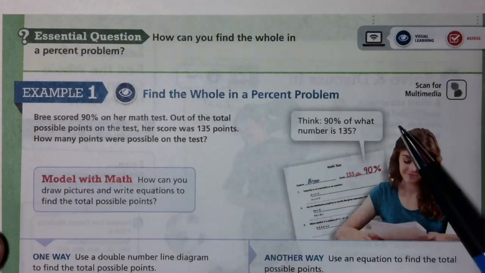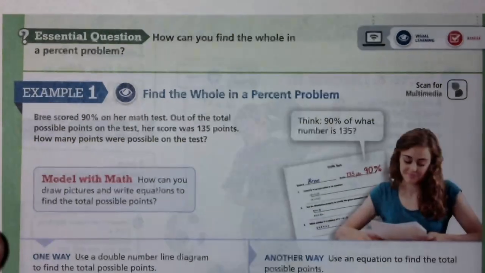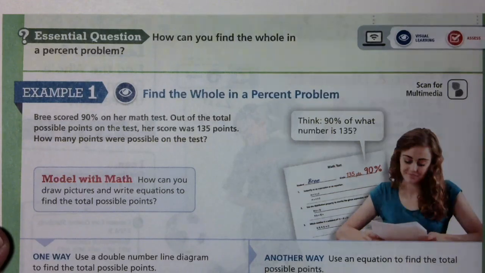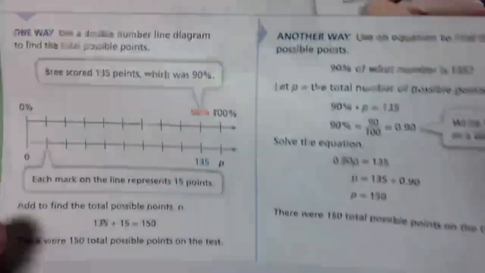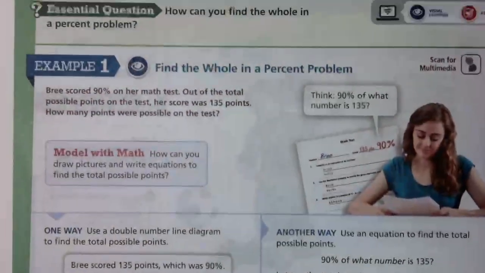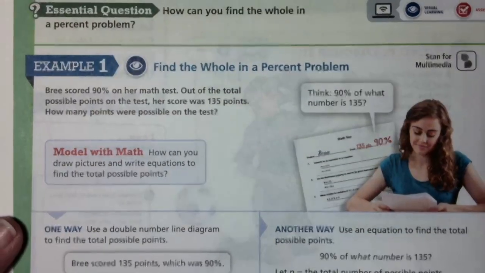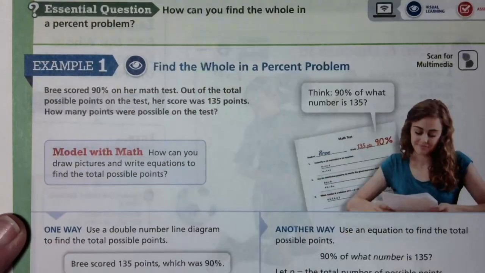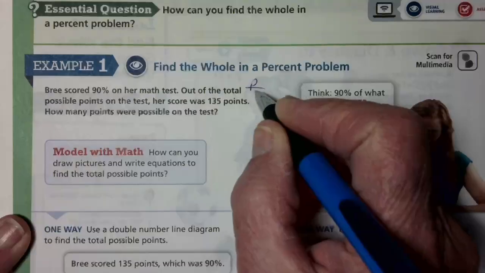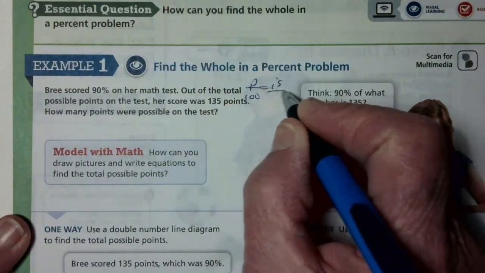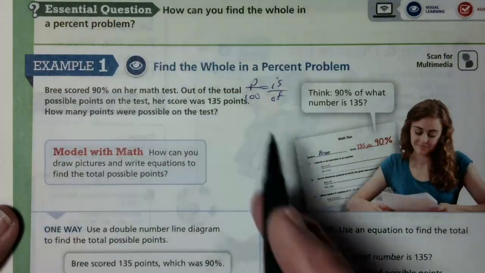See, when we think about it, we put it into one of these sentences with the of and the is and the percent. Okay? Now then, I can work this problem real easy right here. Let's not even look at what they did. Let's think P over 100 equals is over of. This is a part, this is a whole.